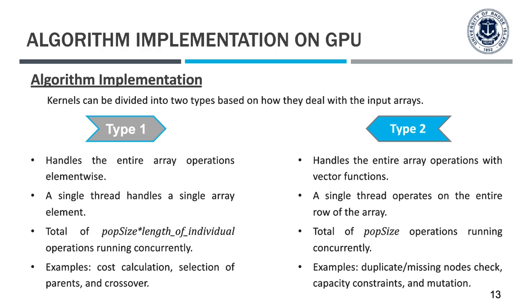Examples include cost calculation, selection of parents, and crossover. Type 2, on the other hand, handles the entire array operations with vector functions. A single thread operates on the entire row of the array, which leaves a total number of just population size operations running concurrently, which is much less than the ones in type 1. Examples include duplicate missing node checks, capacity constraints, and mutation.